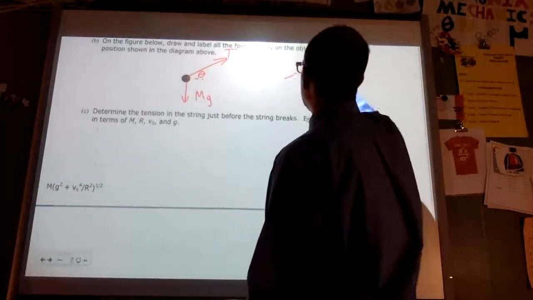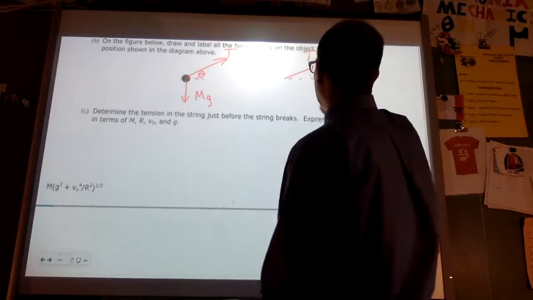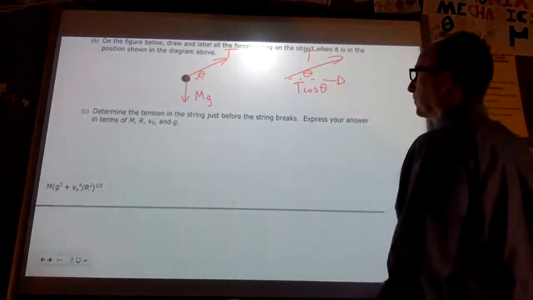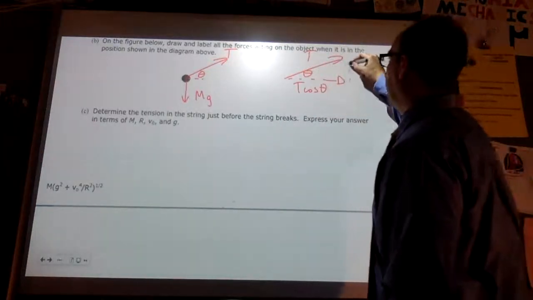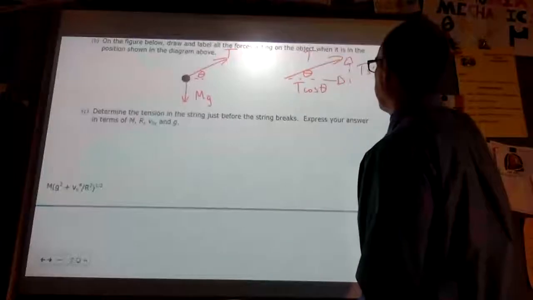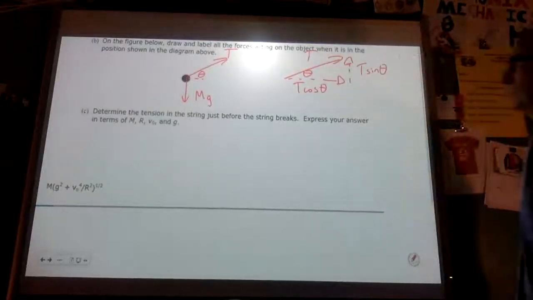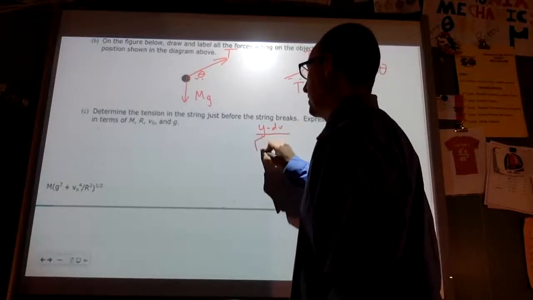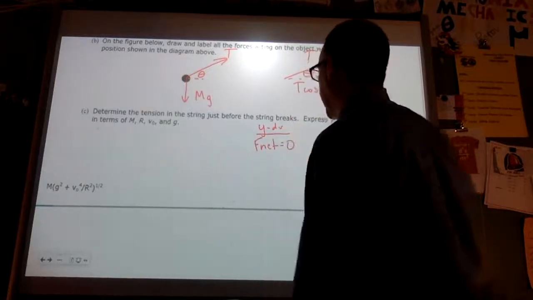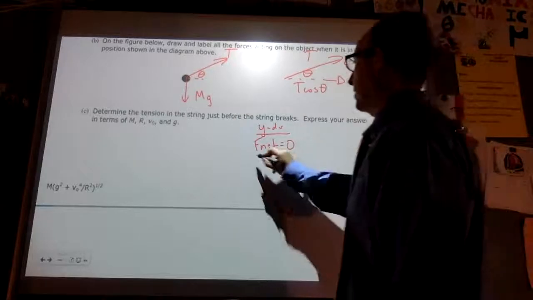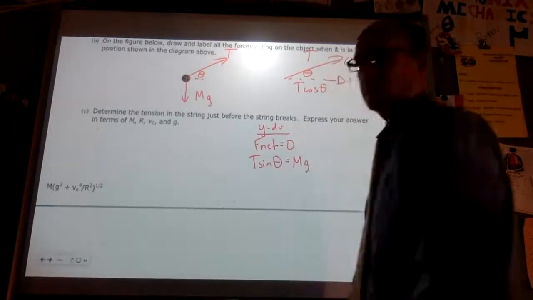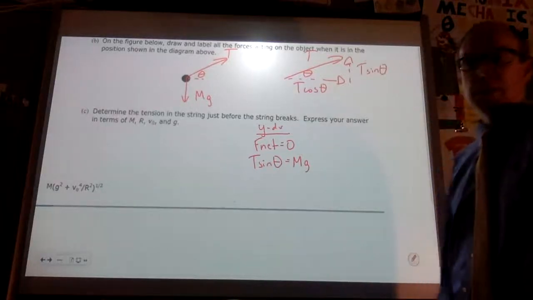All right, so I'm going to look at my components of T. So this is going to be T cosine theta, and this is going to be T sine theta. The y direction is going to be easy because F net is equal to 0. It's only accelerating in the x direction. And so that's going to be T sine of theta equals mg, right? Ups minus downs equals 0.